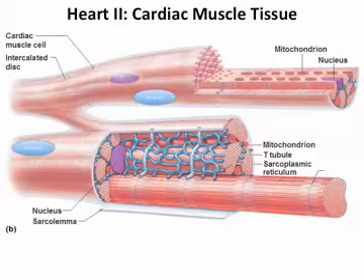So in this cartoon you can see we have a muscle cell. You can tell it's a muscle cell because you can see the striations, or the bands of actin and myosin in the sarcomeres.